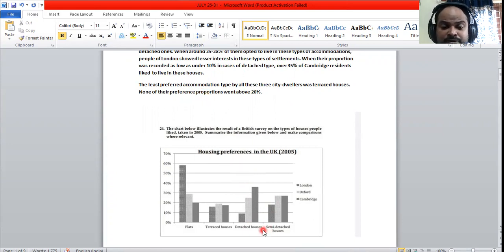Over 35% of the Cambridge residents like to live in these houses, that is, detached houses.